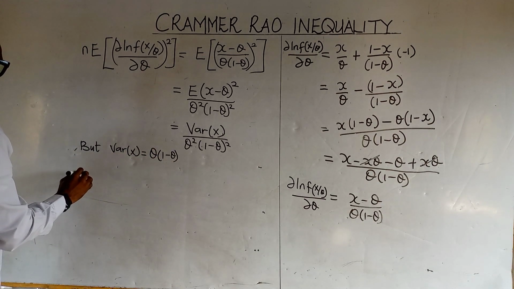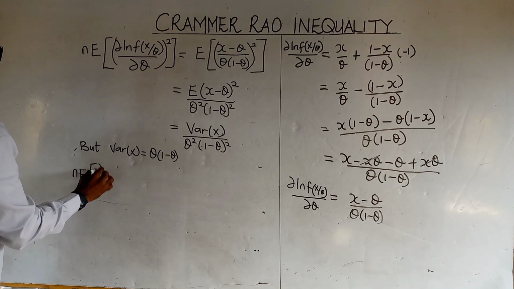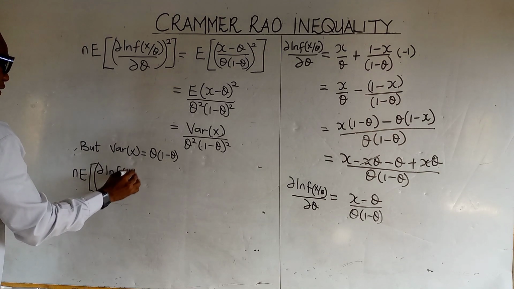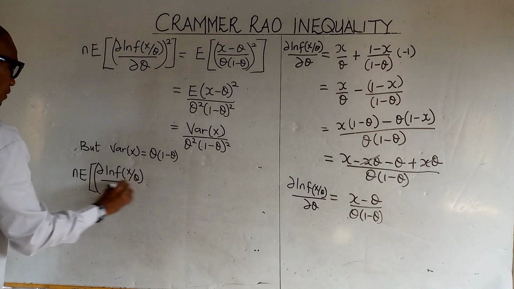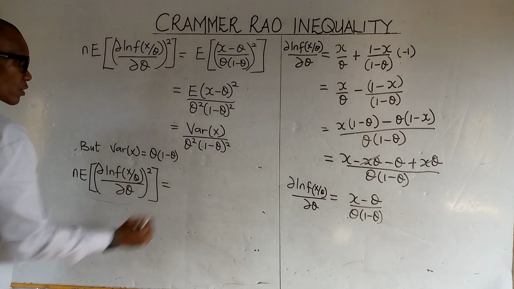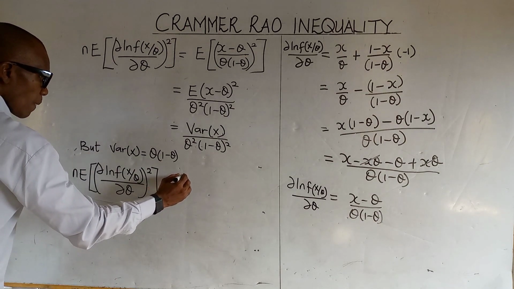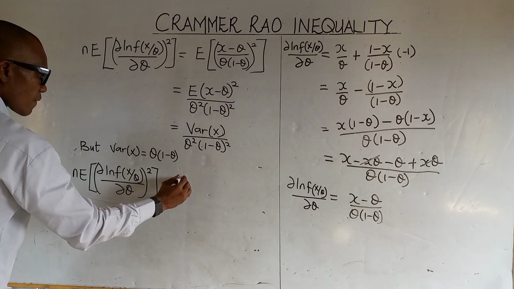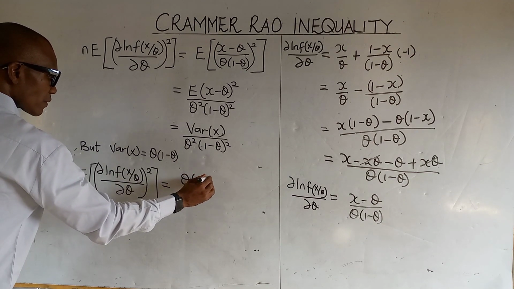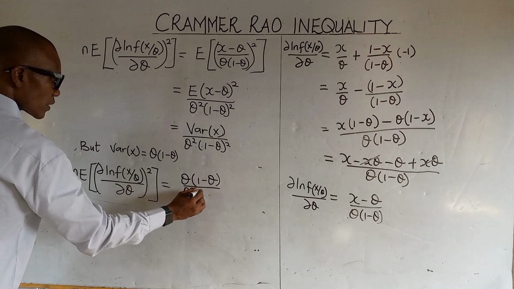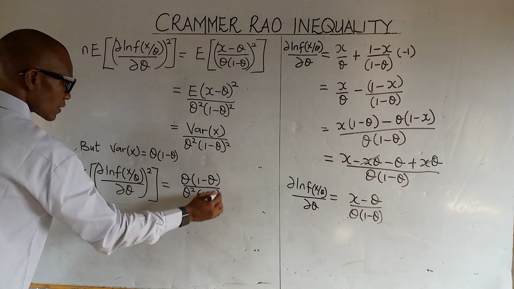That means we can have this, n times the expectation, as equal to, since variance is this, theta (1 - theta) over theta squared (1 - theta) squared.